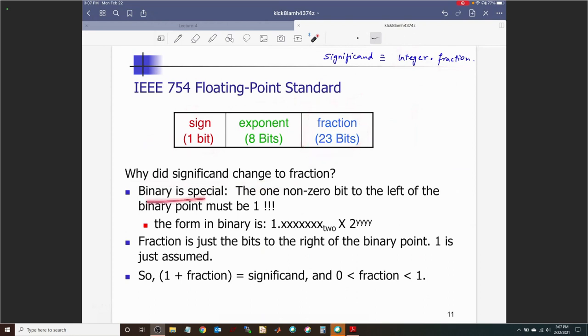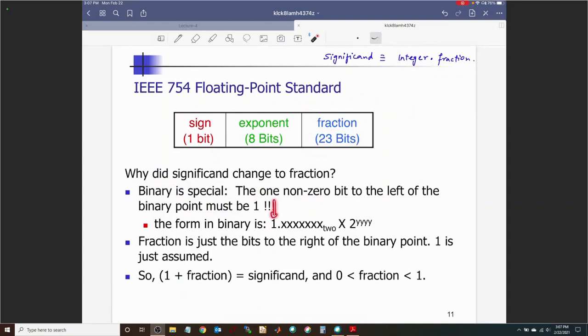Binary is special. The one non-zero bit to the left of the binary point must be a 1. So if it has to be a 1, then let us keep it implicit. That way, even though you have 23 bits, you kind of have 24 bits because that most significant bit is 1. So you're not even representing it, but you have it. So the form in binary is 1, no matter what. In the decimal world, it would be 4.5 or whatever we looked at earlier.